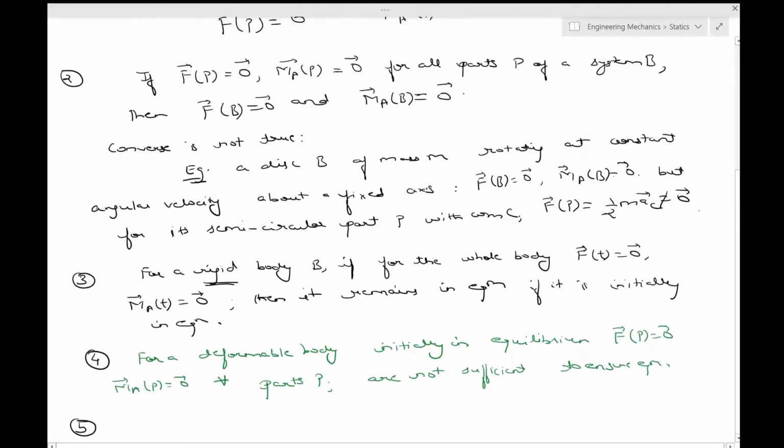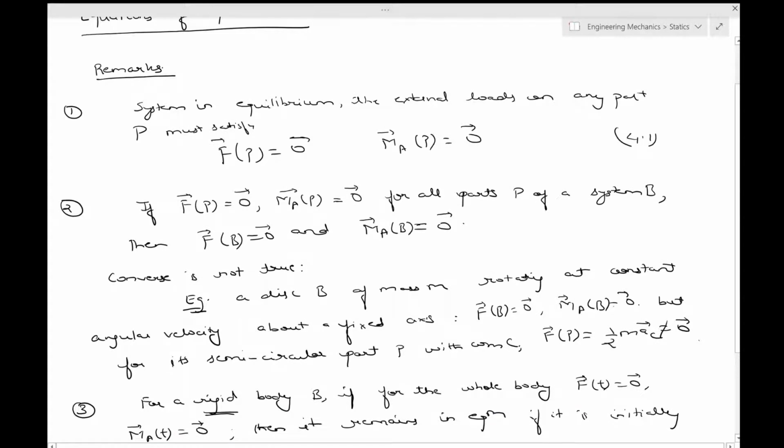Now, if you look at this equation 4.1, one of the claims made by the authors in your text is that it is difficult to verify equations 4.1 for an infinite number of parts of a deformable body. The way it is written is that we write a set of partial differential equations in terms of stresses.